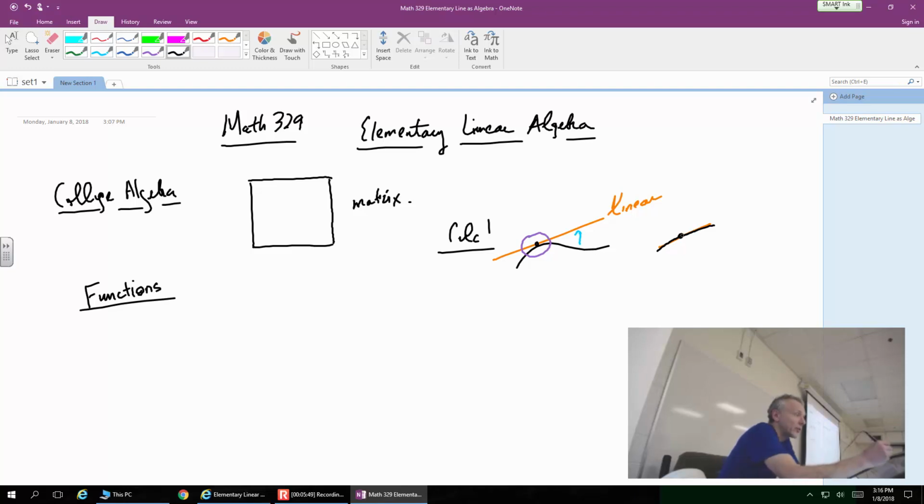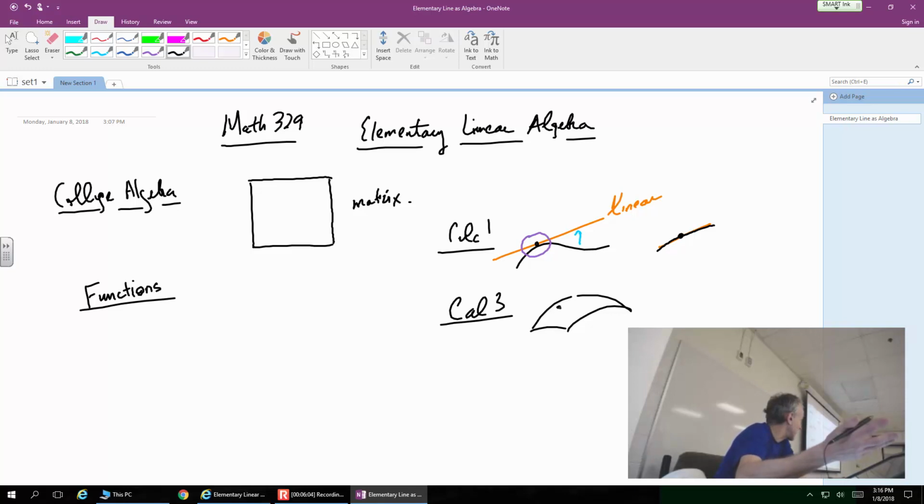And then what happens later on, in let's say calculus 3, you don't have curves anymore, you have surfaces. If you zoom in on a point on the surface, what are you going to get? You get a plane, yes.